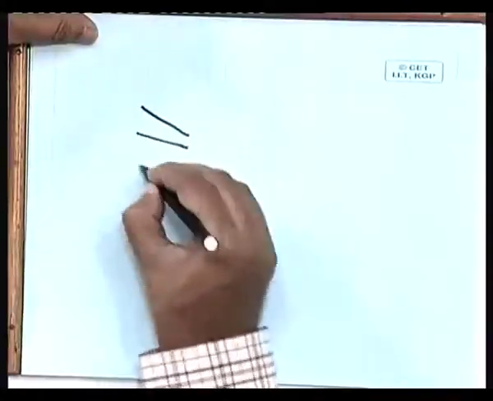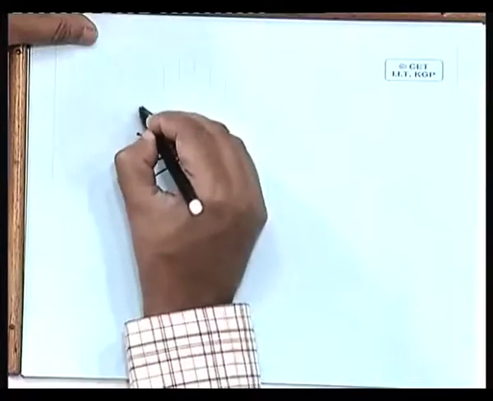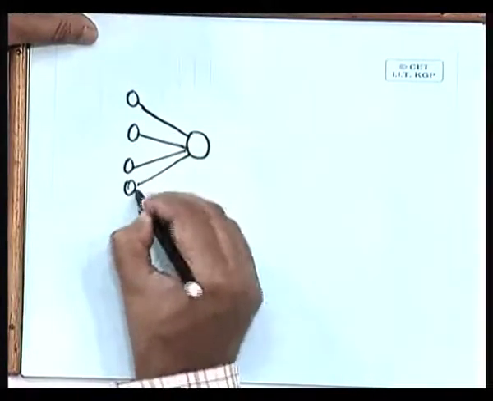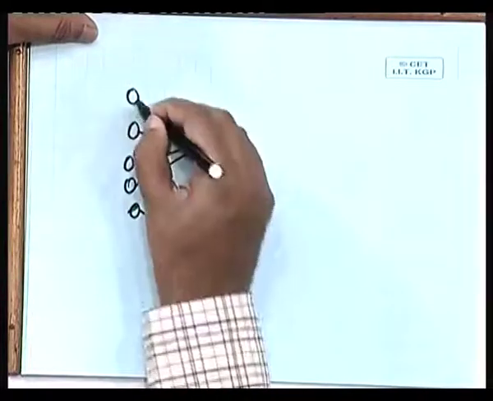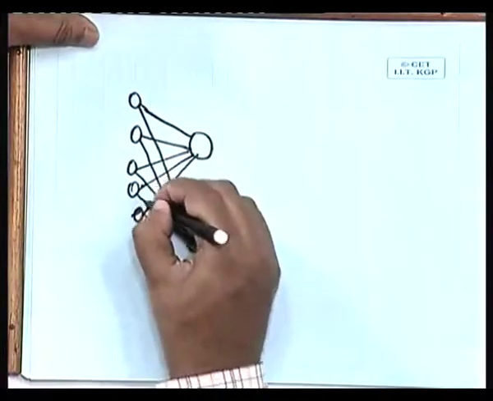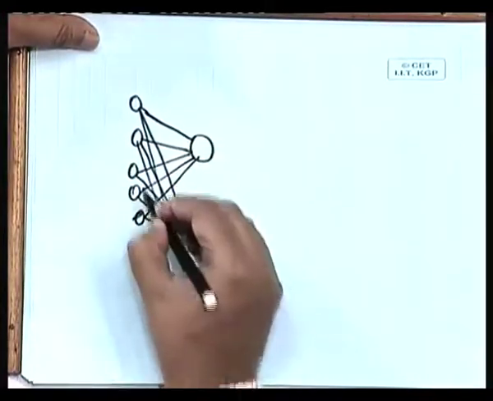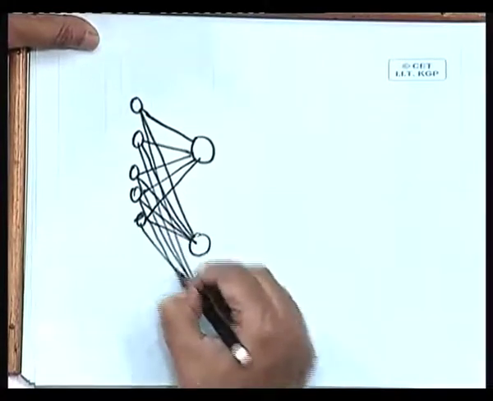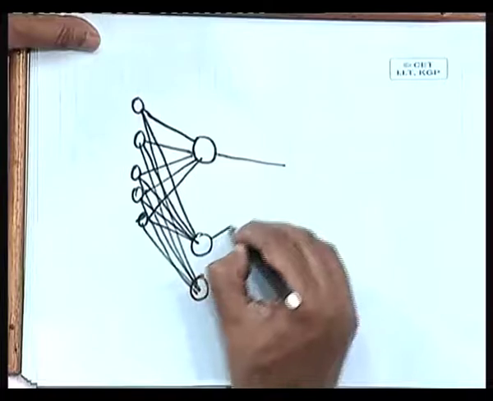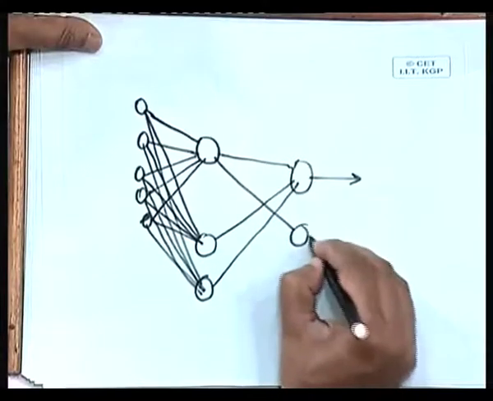In a multi-layered network, typically the configuration is like this: from the set of inputs, let us say we form an input layer, which is connected to one layer, and then these are in turn connected to an output layer.